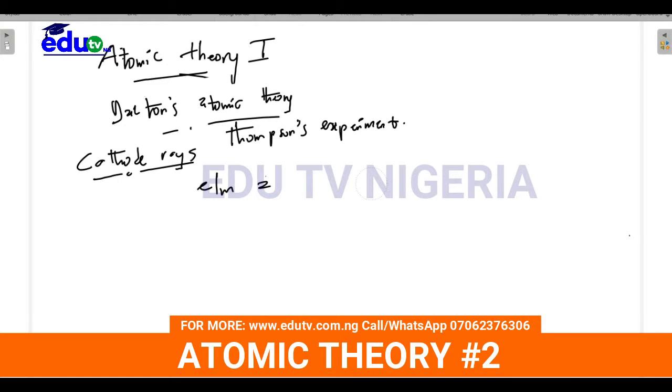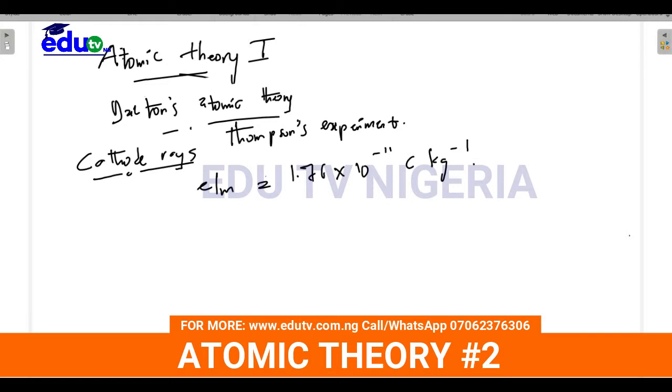The charge to mass ratio was measured to be 1.76 times 10 to the power 11 coulombs per kilogram. Pardon the error, just a mix up there. This is the charge to mass ratio.